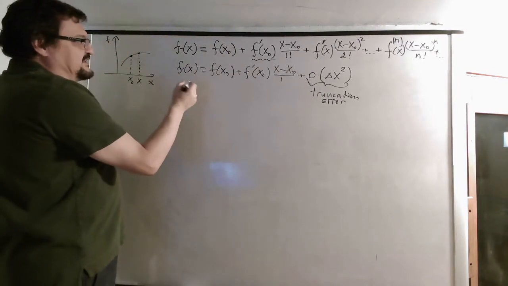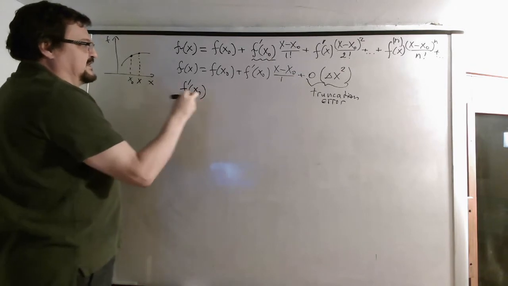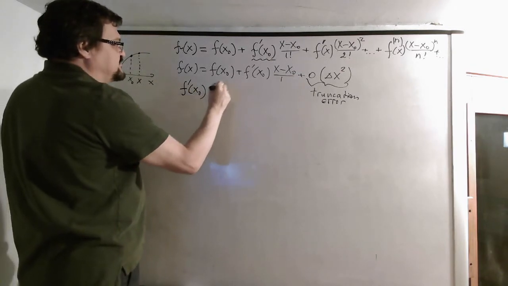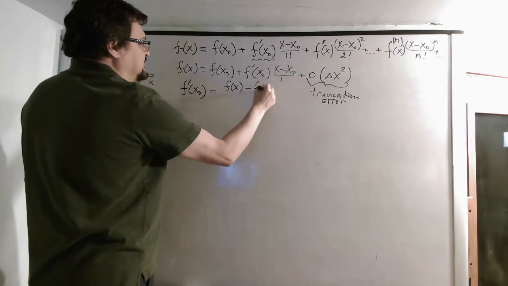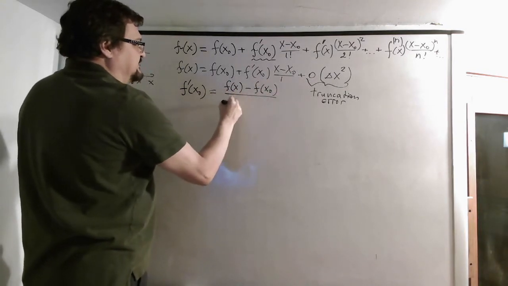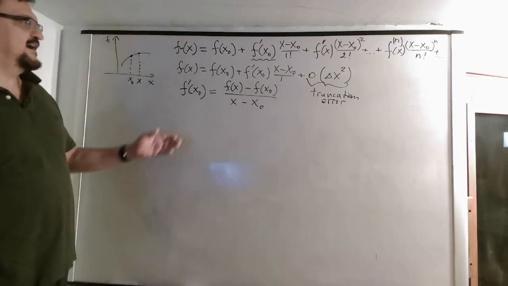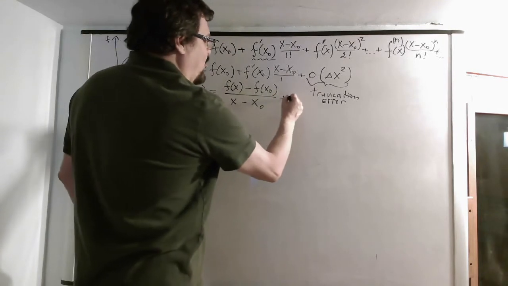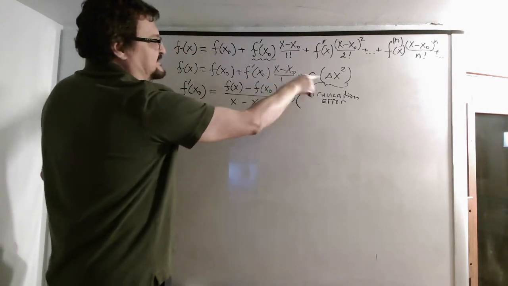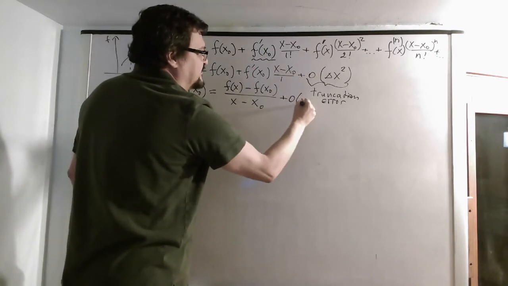So now we can compute our derivative. The value of f prime at x naught equals f of x minus f of x naught divided by x minus x naught. And then plus, because we divide one delta x by this delta x, it now becomes first order truncation.